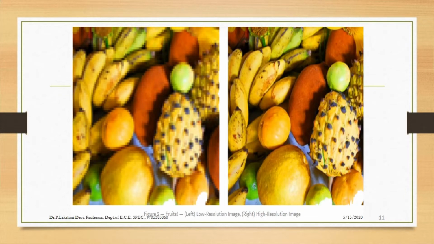The second image has clarity of vision as compared to the first image. That shows the resolution problem, low resolution to high resolution. In such a way, if you have an input image and you improve its resolution, we get a high resolution image. That also happens through this particular restoration mechanism.